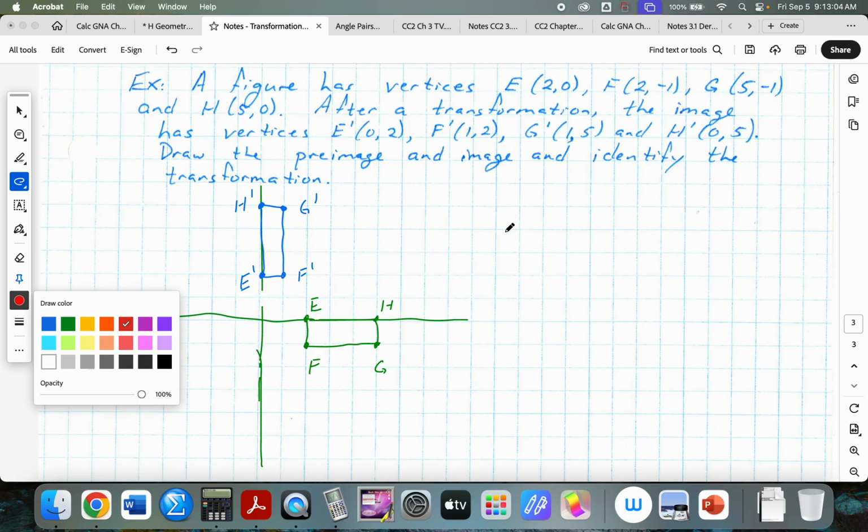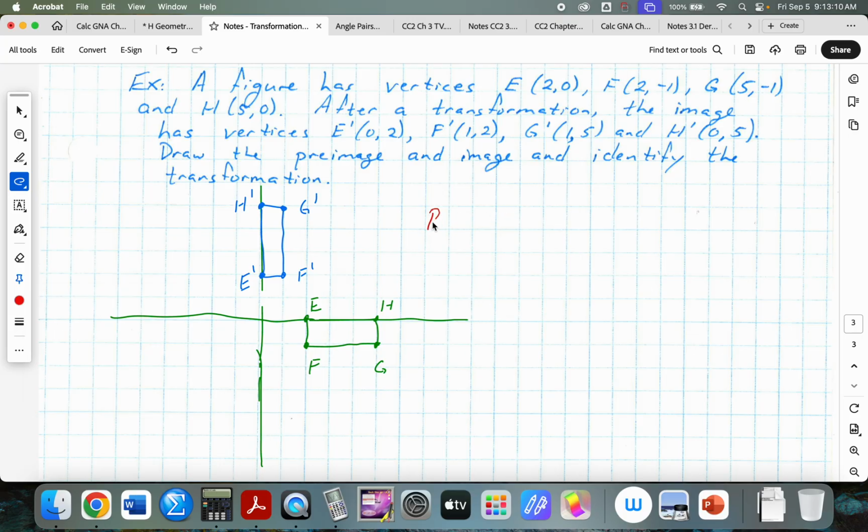So, what sort of a transformation is that? Rotation. Yeah, it's a rotation. And if we wanted to give more information about it, what are we rotating everything about? 0, 0. Yeah. What's the name of 0, 0? Origin. Yeah.